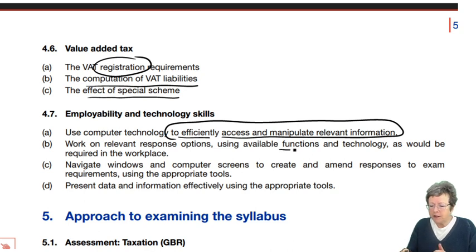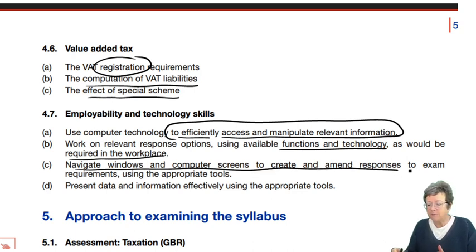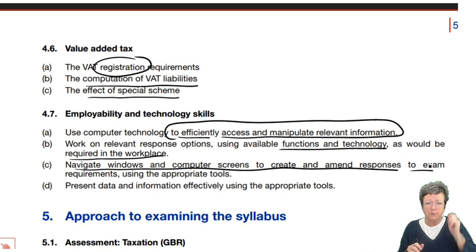Functions, technology, how we can use it in the workplace, navigate windows and computer screens to create and amend responses to exam requirements. Now, one of the most important things to do: this exam is an online computer exam. Please, please, please, you're learning this on a piece of paper. A lot of the questions that you answer from the BPP manual, the revision kit, are on paper.